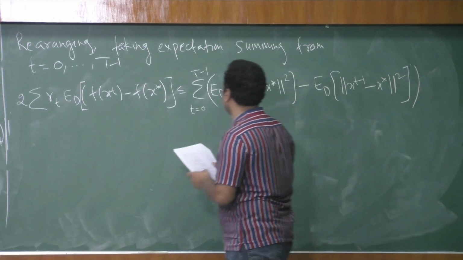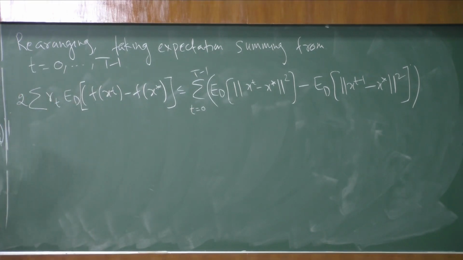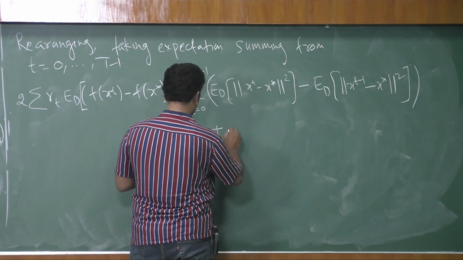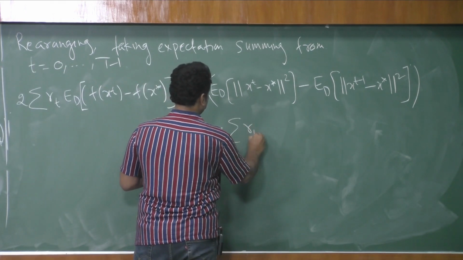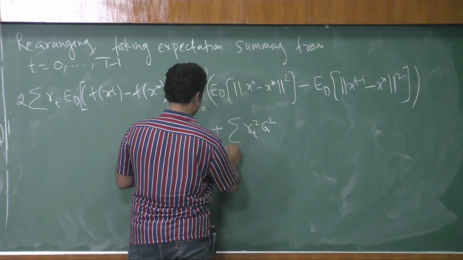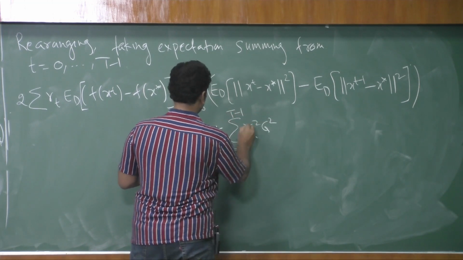So basically this will be a telescopic sum, so many things will get cancelled, something like this we have seen before. And then we had the last term with gamma t squared G squared, summed over t equals 0 to t minus 1.